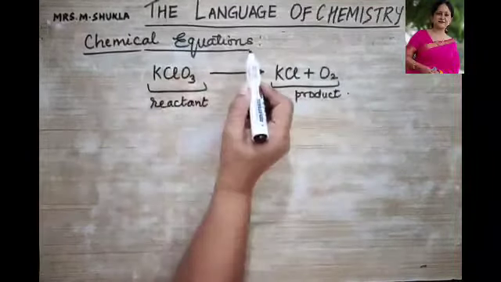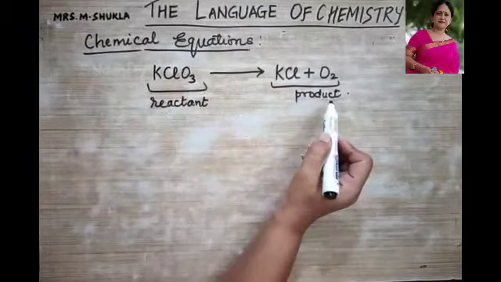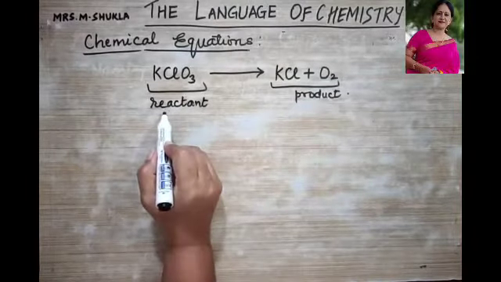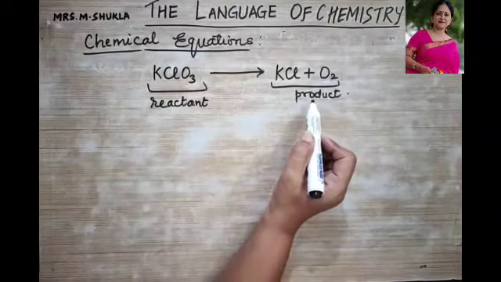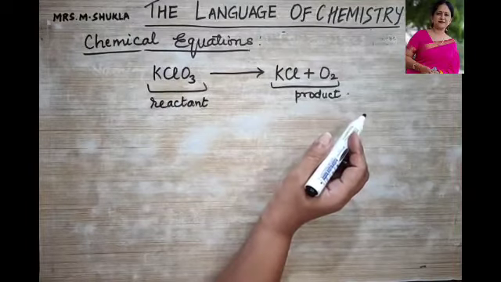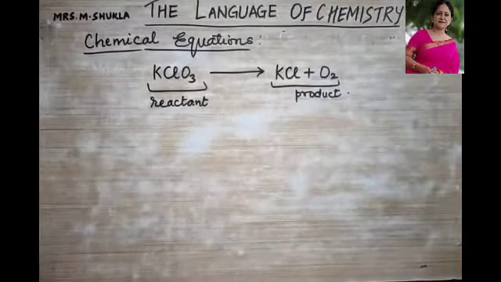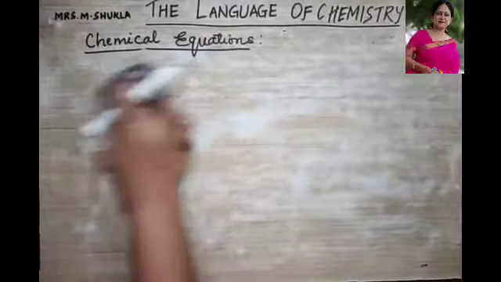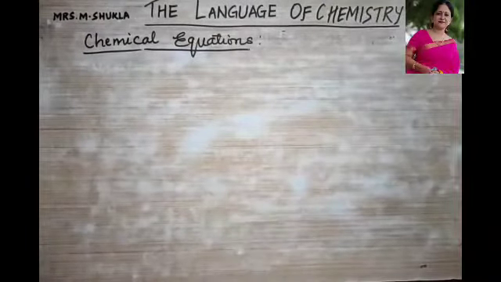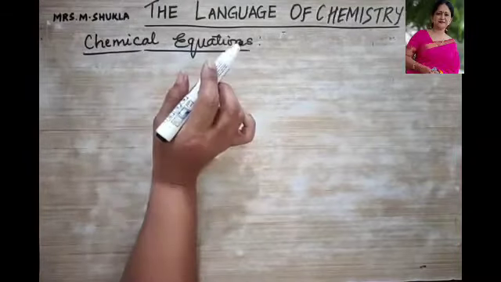Thus, a chemical equation has a reactant and a product, and always a reactant changes into the product. This is very clear. Now, there are different types of chemical reactions that we are going to study just now. After that, we are also going to do the balancing. Today, we shall finish off with the chemical equations.